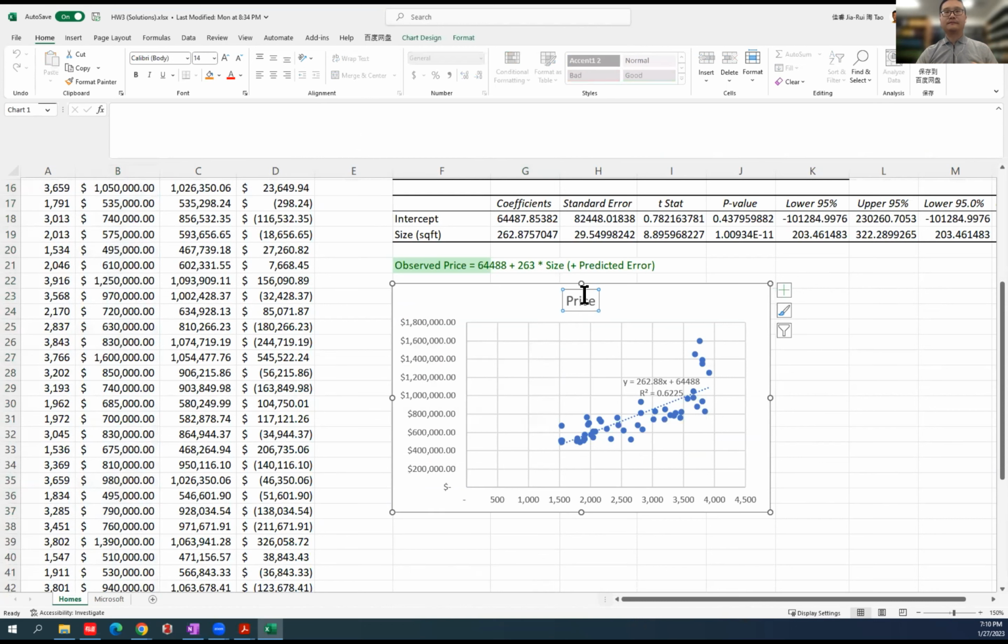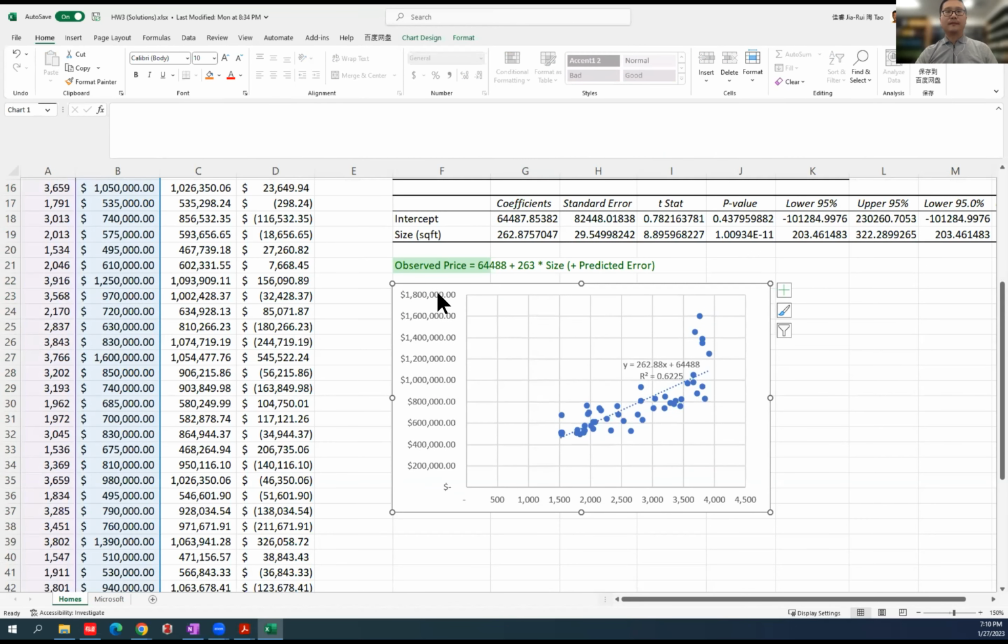Here, I'm plotting the price as the dependent variable on the y-axis and the square footage on the x-axis. On this scatter plot, we see all the dots. Each dot represents one observation, that's one house out of the 50 houses we had in the sample.